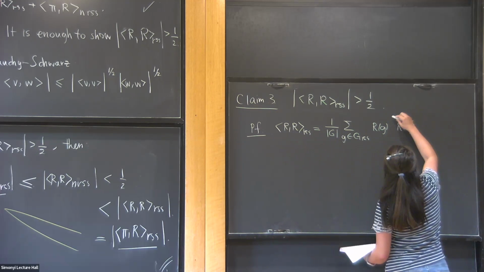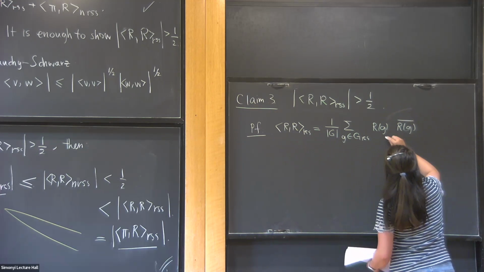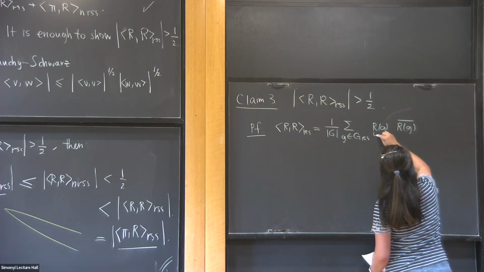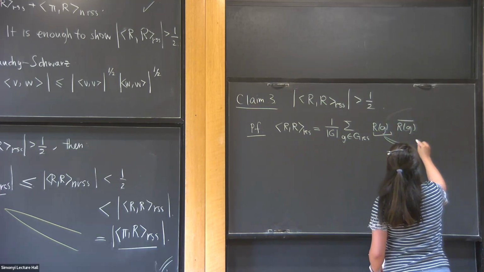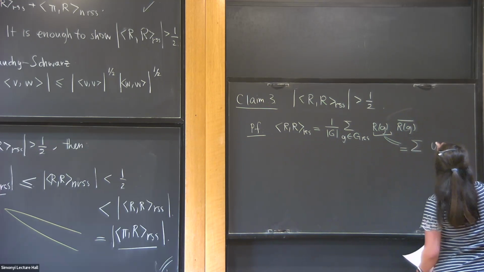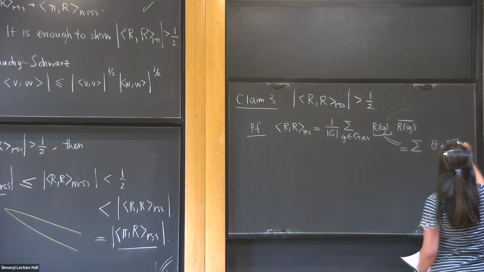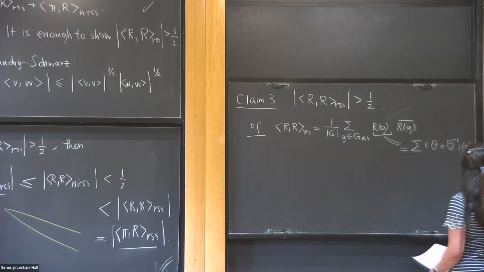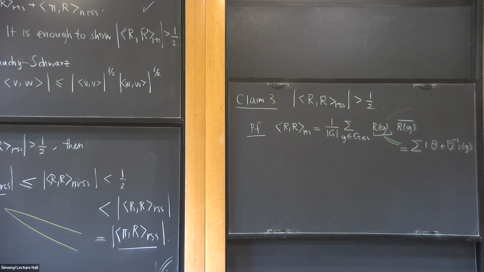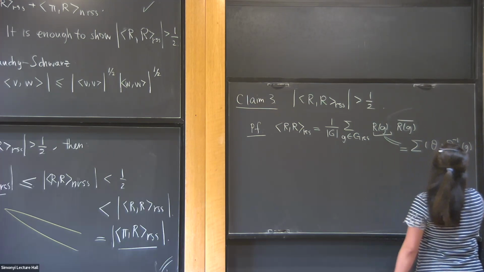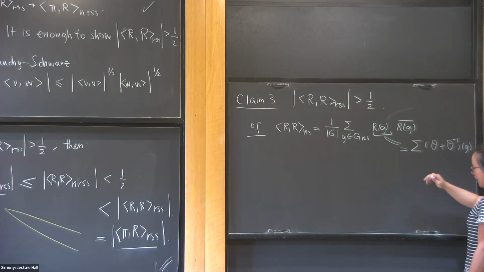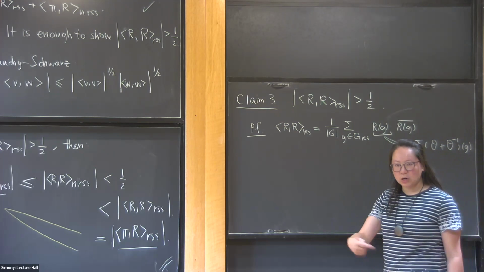So what was this thing here? This was equal to the sum of theta plus theta inverse at G, and it depended on whether G was inside T or inside T prime. Another way to say this is that inside SL2 there's what's called a Weil group.